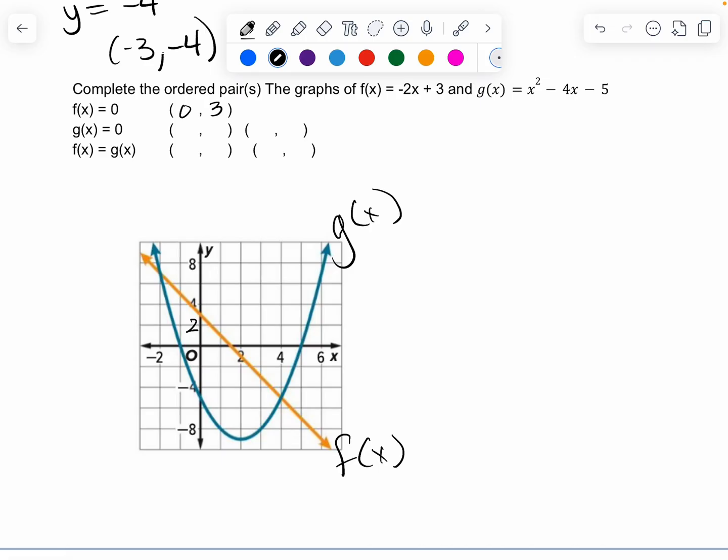Okay, so when g of x is 0, I don't know why I have 2 of those. Where do they run into each other? Here and here. So the point negative 2, 7, and the point 4, negative 5.